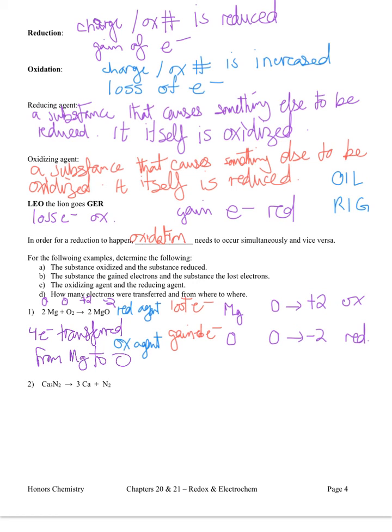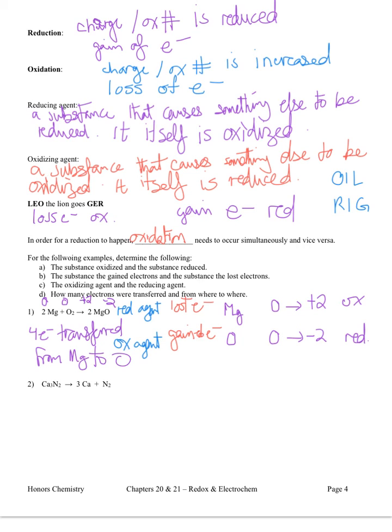All right, let's try one more. Let's look at number 2 here. We have calcium nitride decomposing to form calcium and nitrogen. So remember, the way that you figure out what's oxidized, what's reduced, all that stuff is by assigning oxidation states or oxidation numbers. So let's do that together. Calcium nitride.